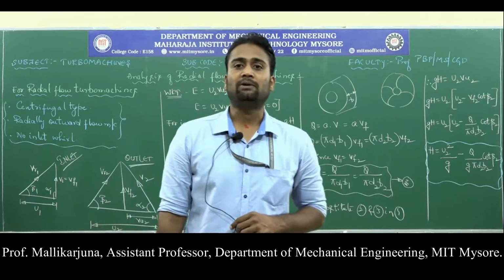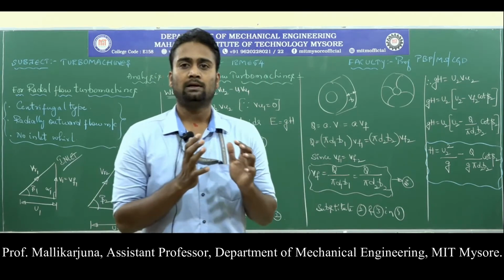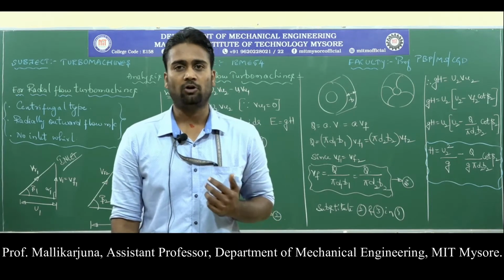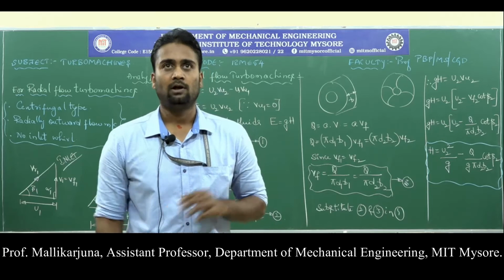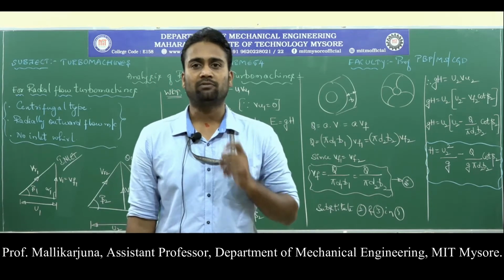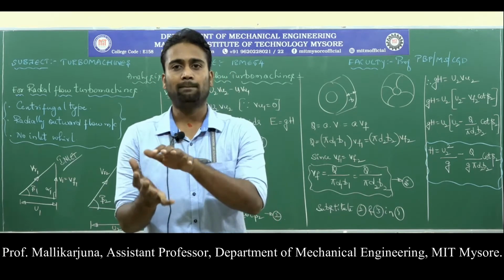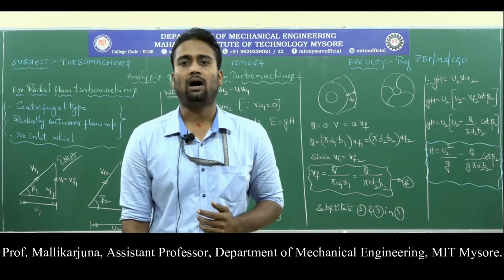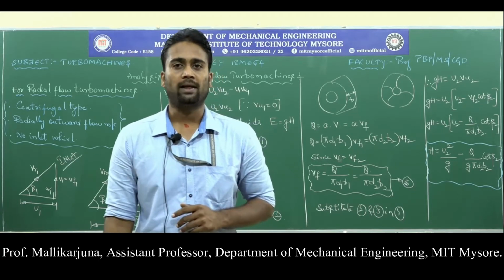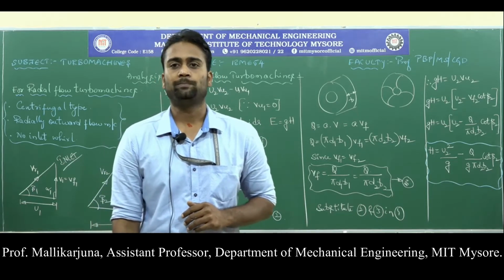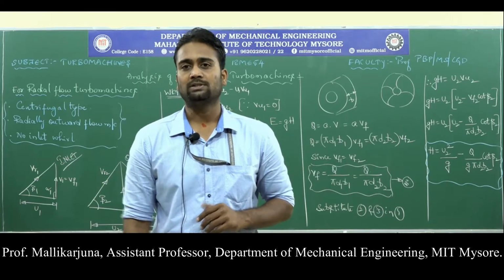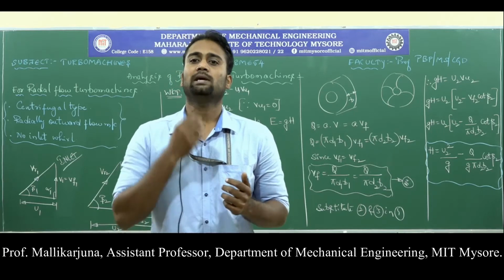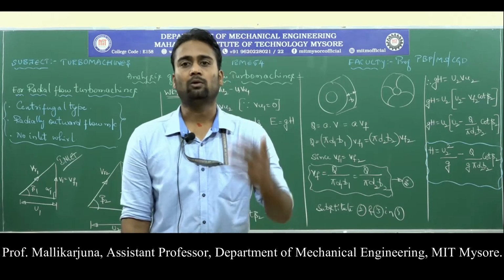In the previous session, we have gone through the derivation of energy transfer as well as degree of reaction for radial flow turbomachines. We have seen the energy transfer equation in terms of outlet blade angle, which is nothing but beta 2, as well as the degree of reaction R in terms of outlet blade angle beta 2, because in case of power absorbing machines, outlet plays a very important role, because power has to be imparted to the fluid by the rotating element.